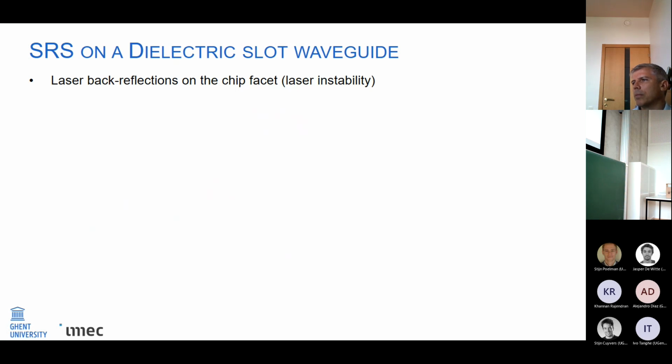But in that case, I had to solve a couple of issues. First off, you have the fact that there are laser back reflections that occur when I focus down the Stokes light onto the chip facet. It back reflected and coupled back into the laser cavity where it causes instability, and therefore you cannot measure a good SRS spectrum.